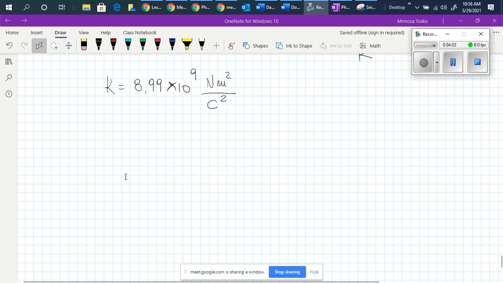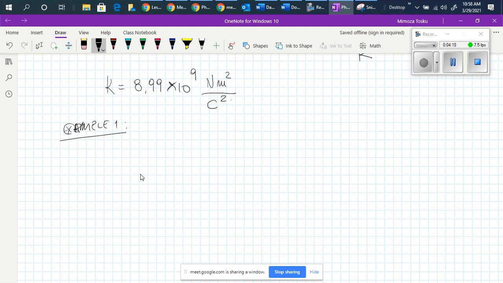Now let's see some applications of Coulomb's law when we have two charges at a certain distance from each other. Let's see example one for Coulomb's law. Let's suppose that we have two point charges, charge 1 and charge 2.